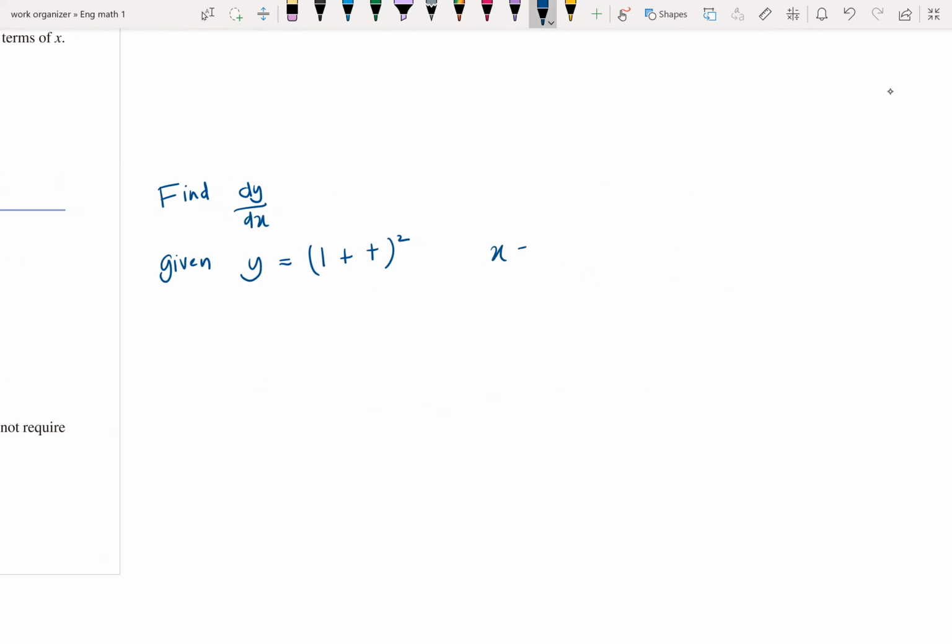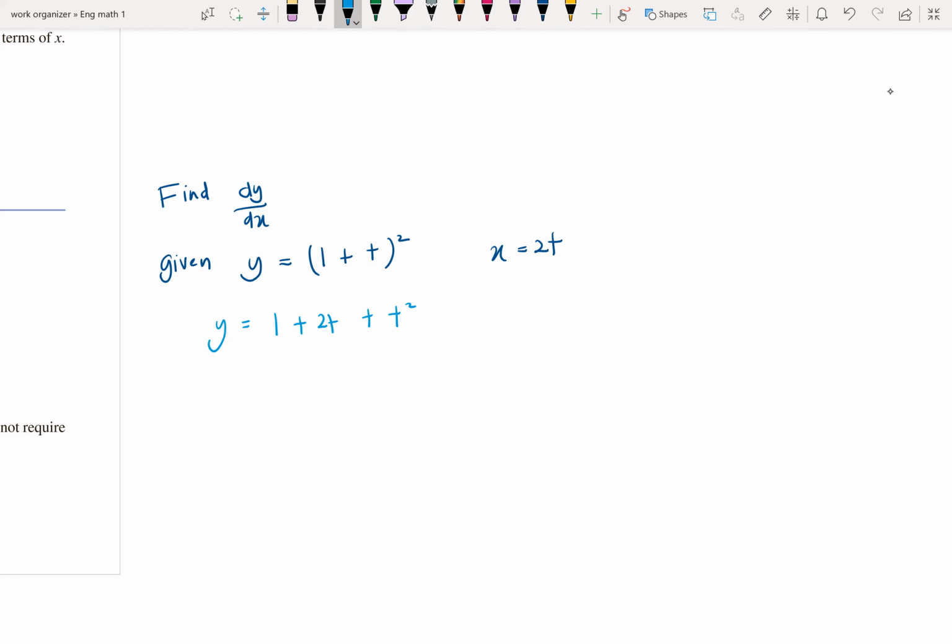In this case, we differentiate y, so it will be dy over dt. Before that, we have to expand first. When expanded, it becomes 1 plus 2t plus t squared.